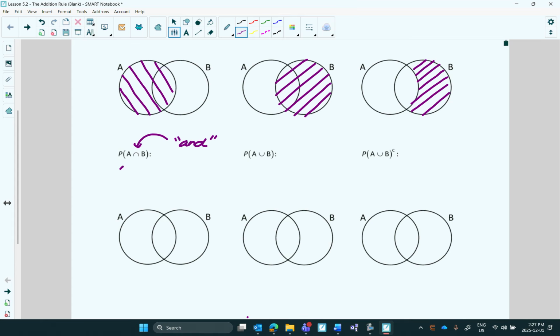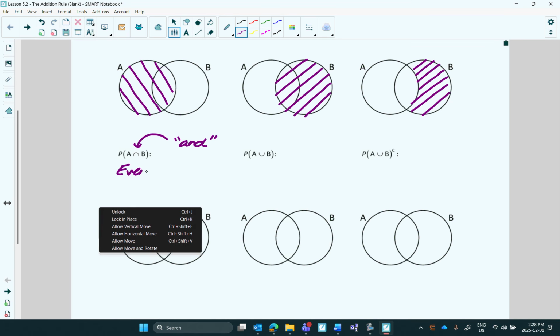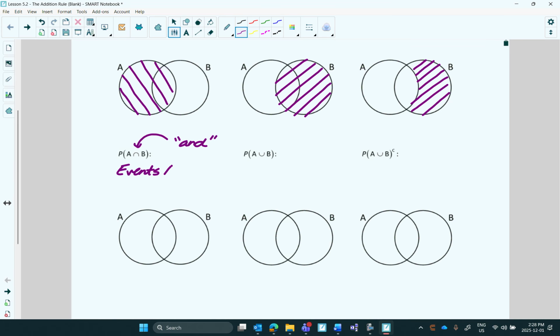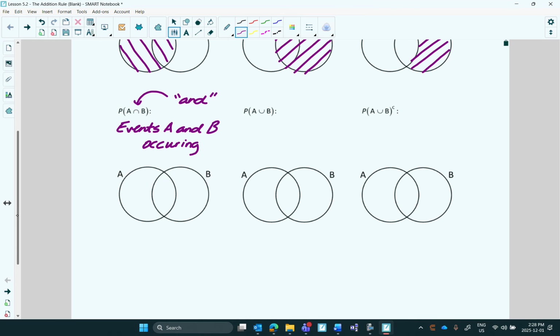So this means events A and B occurring. They both must occur. How would you shade that? Just this middle part here.